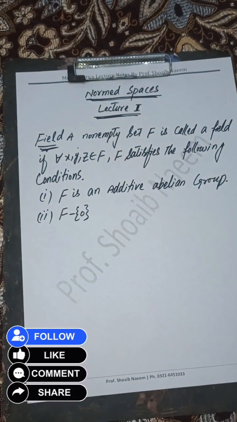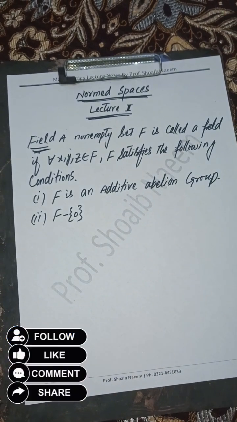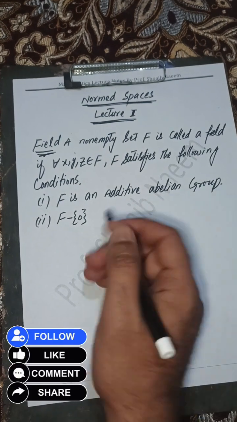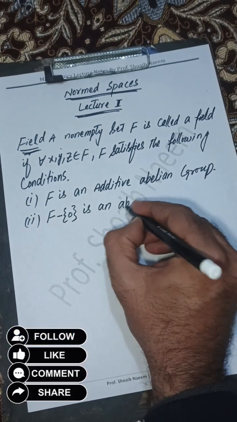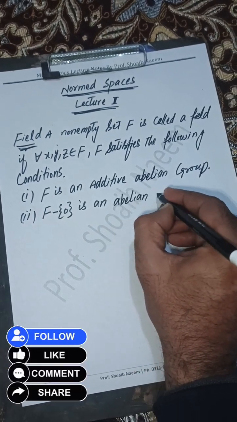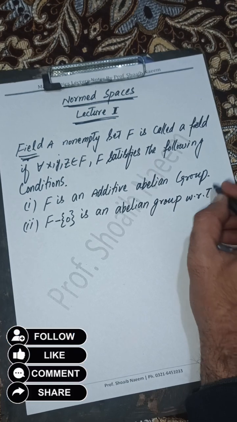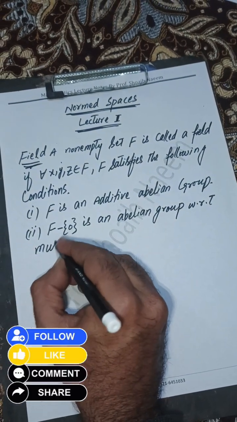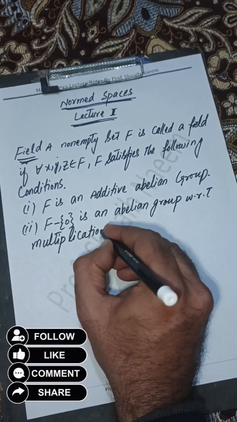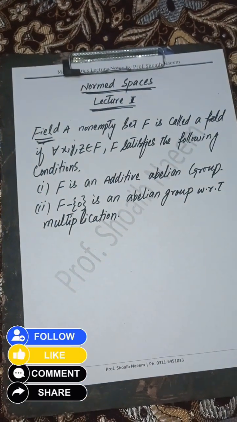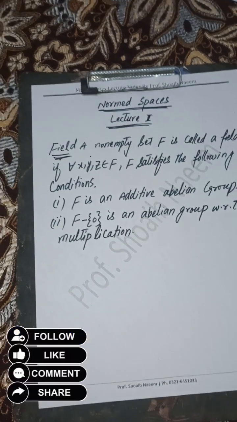If we delete 0 from F, then the remaining F is an abelian group with respect to multiplication. It means non-zero elements of set F make an abelian group with respect to multiplication.